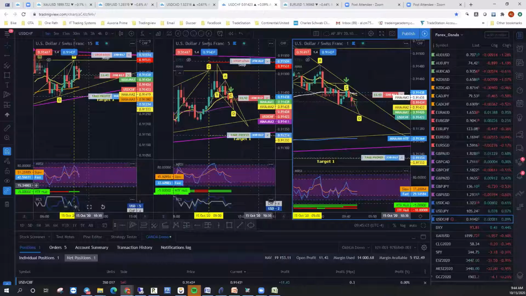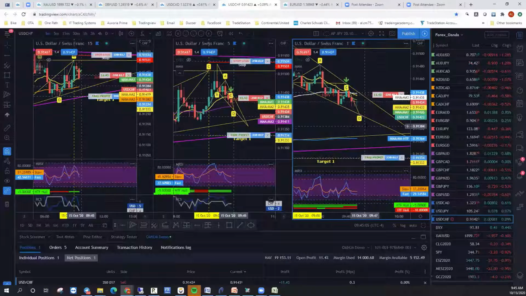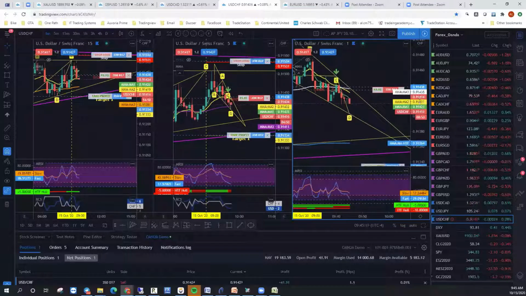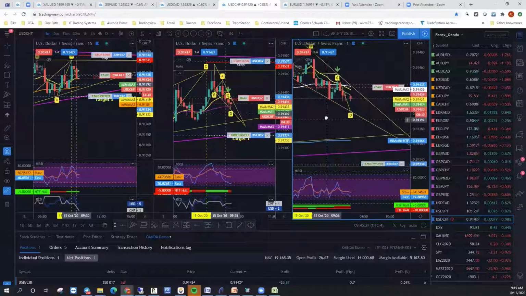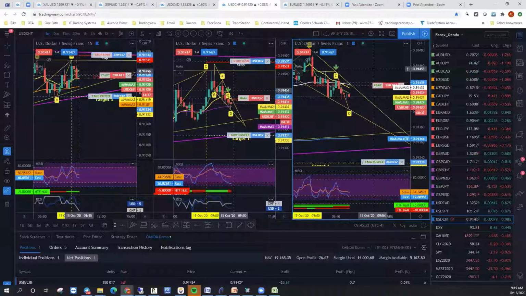If it does, then we can take off our trade, or if it breaks the top of this channel coming down. This is a pretty steep channel, which is a good thing for the short.